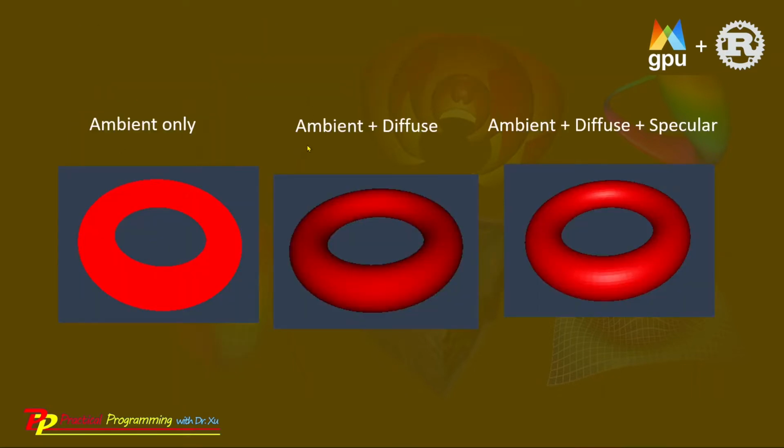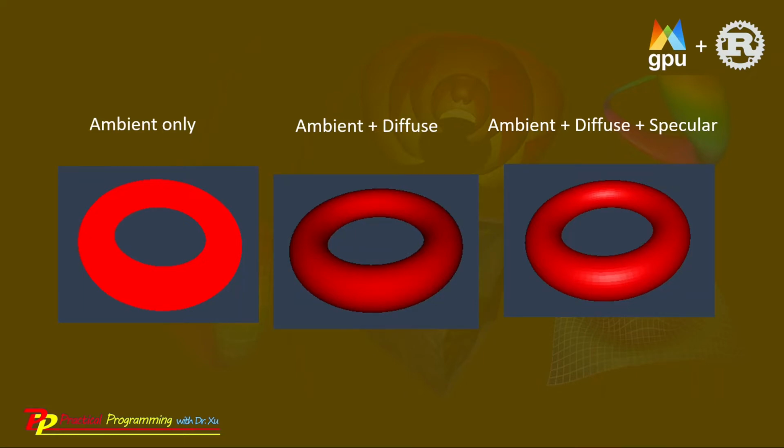Here is the light reflection on a torus surface. On the left, from the ambient light source only, you can see it's flat. At the center shows the light effect from both ambient and diffuse light, while on the right is the light effect from ambient, diffuse, and specular light sources.